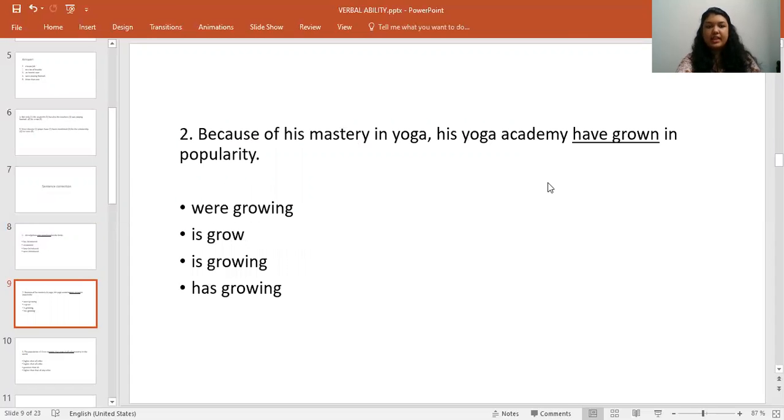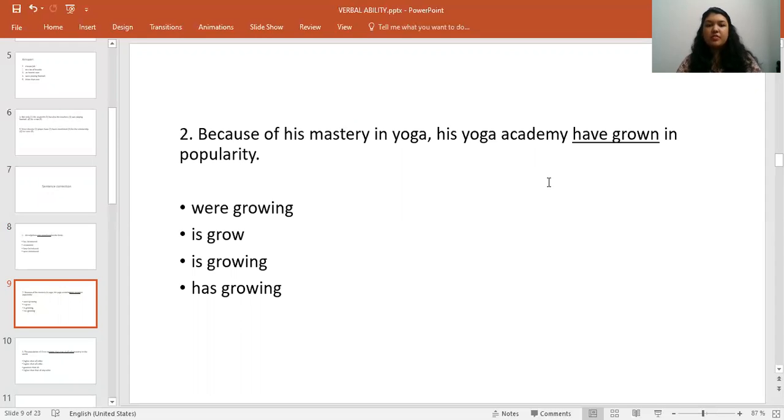Now, going to the second sentence: because of his mastery in yoga, his yoga academy have grown in popularity. The best way to identify the error is by putting in each and every option given and reading through the sentence, like how we did in the last sentence.